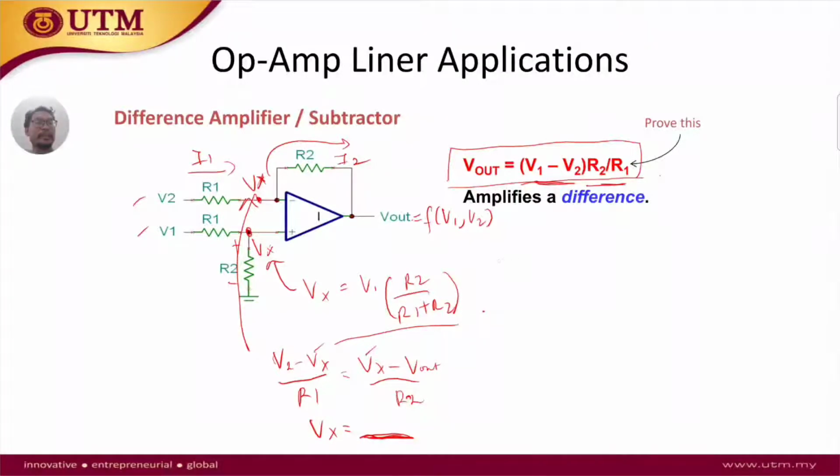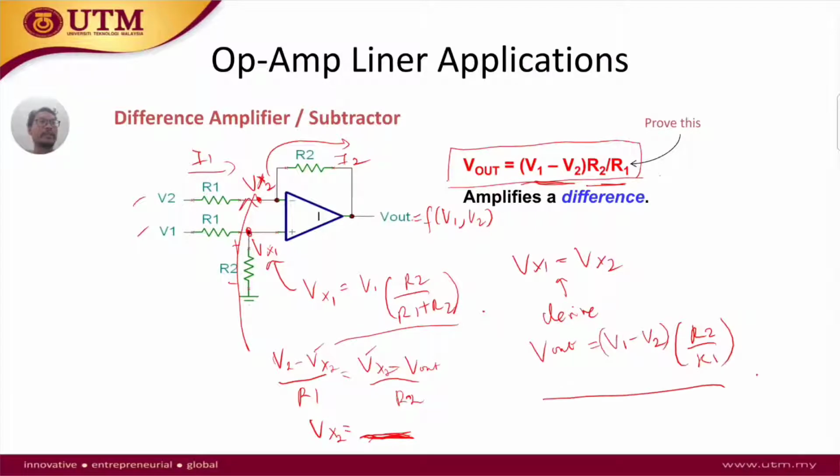Then we can equate Vx1 and this one, Vx2. Vx1 is equal to Vx2, and by equating the equations for Vx1 and Vx2 we can derive Vout. Equating them together, we get Vout is in fact V1 minus V2 times R2 over R1. It's actually a difference amplifier or the subtractor.